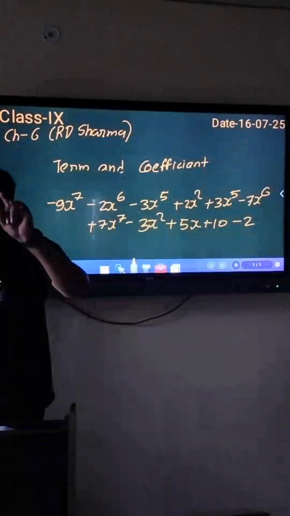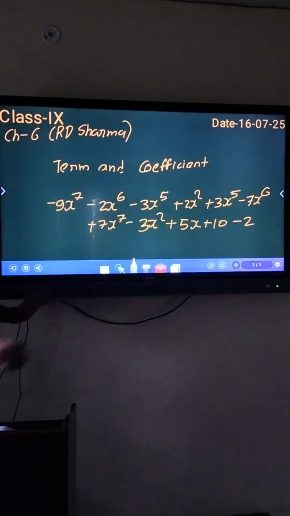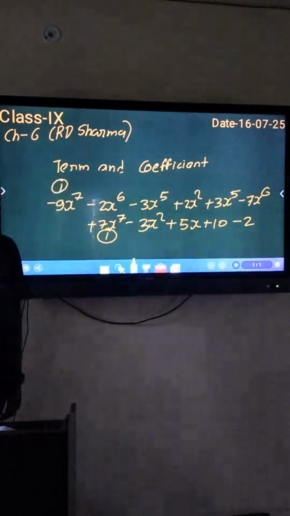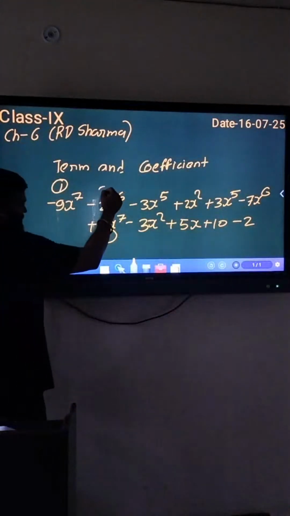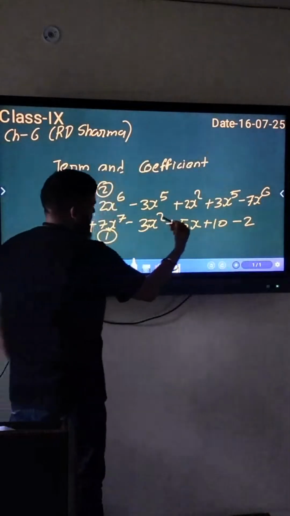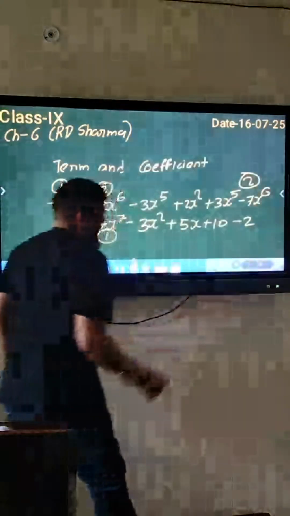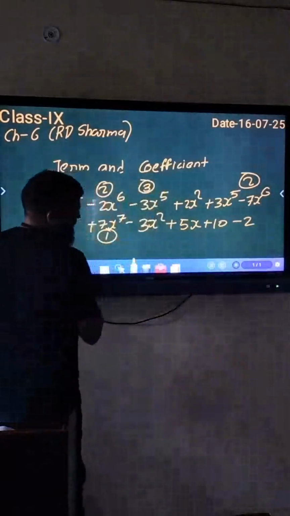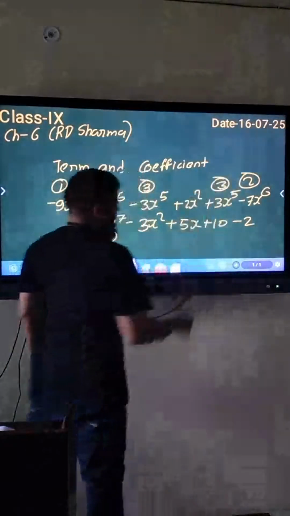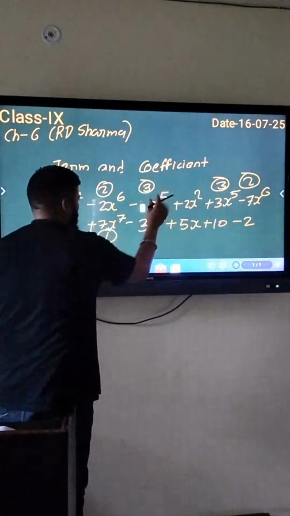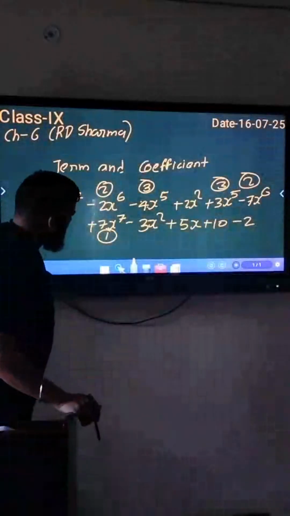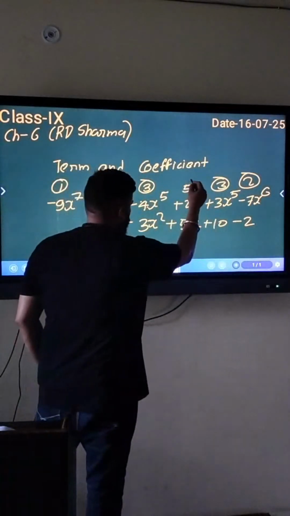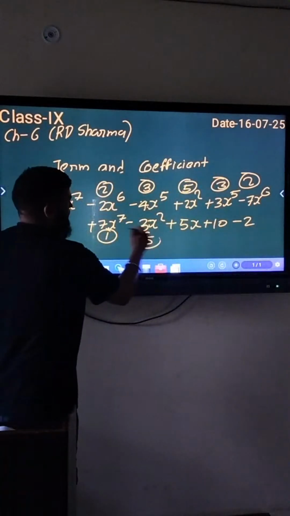You know how to count. If the power is the same, you have to count 1. Now listen, this is 1, this is 1. Clear? Now this is 2, and is there another? That is 2. Clear? And now this is 3. Now x power 5, and this is 5.